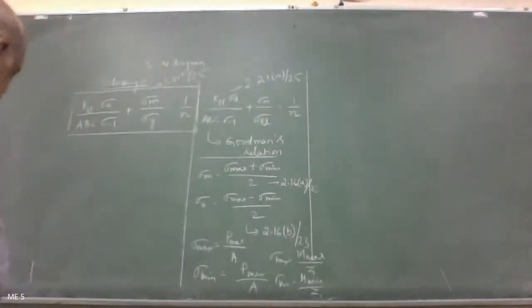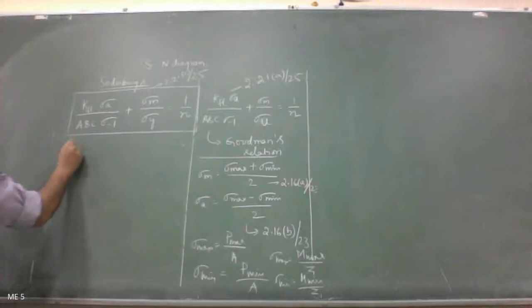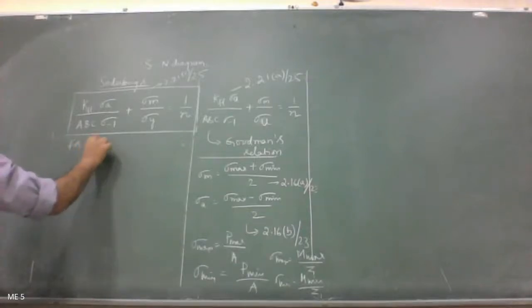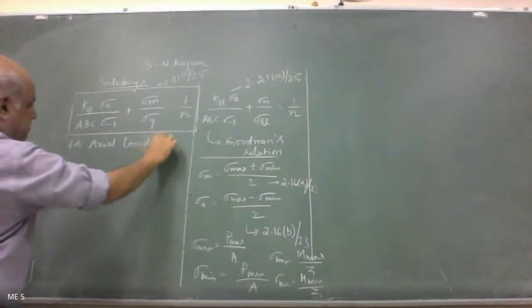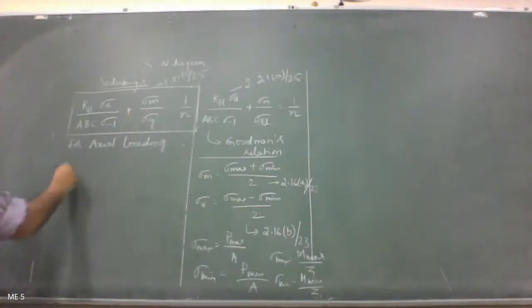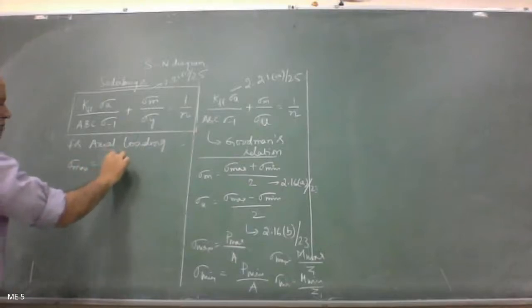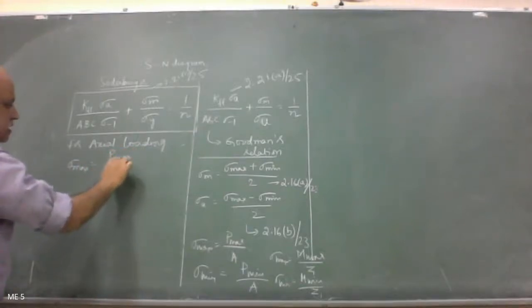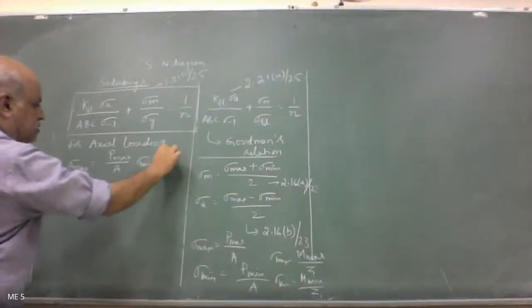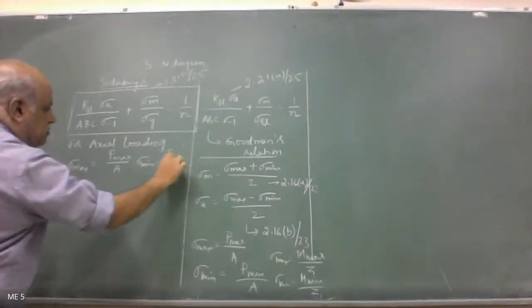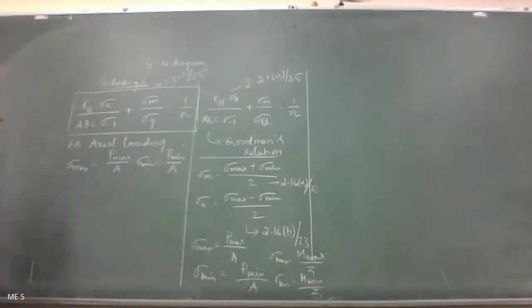I think you better note this down also. Let me go a little more deeper. For axial loading, sigma max will be equal to P max divided by area of cross section. Sigma minimum is equal to P minimum, that is minimum load, divided by area of cross section.